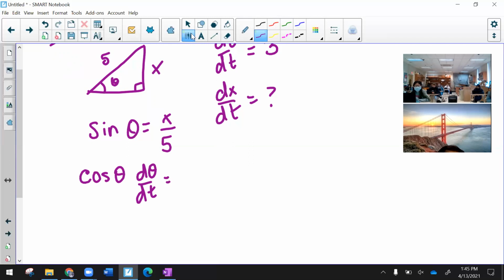So Sophie, what do I get when I take the derivative of x over 5 with respect to time? Not x, because the derivative of x is 1, but x isn't a function of theta. Yeah, 1/5 dx dt. Okay.